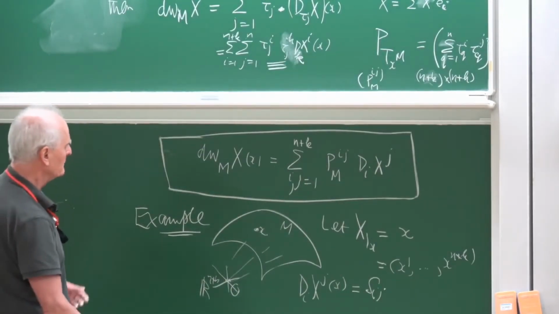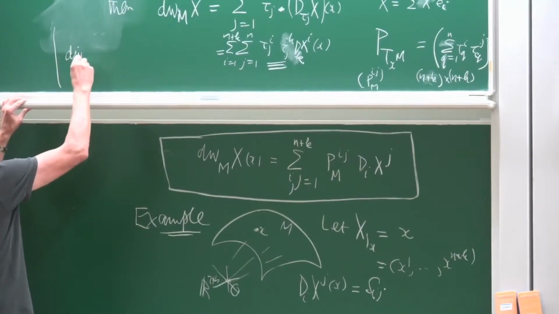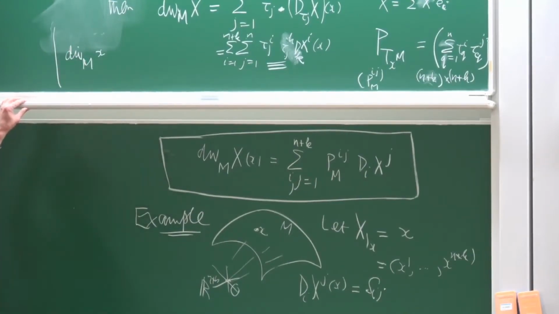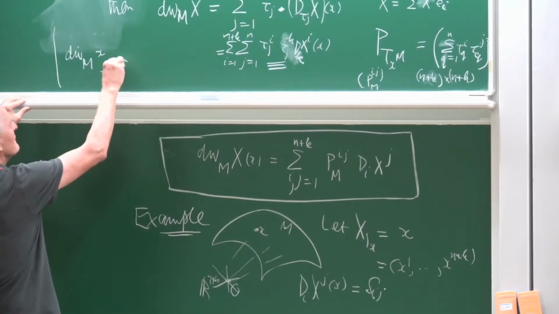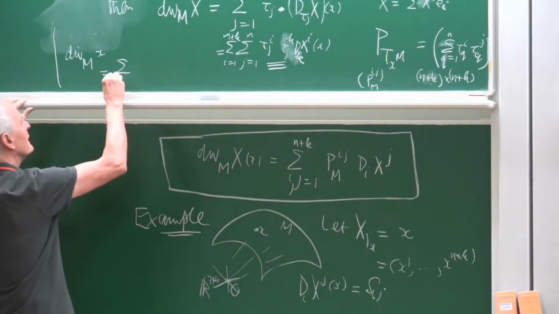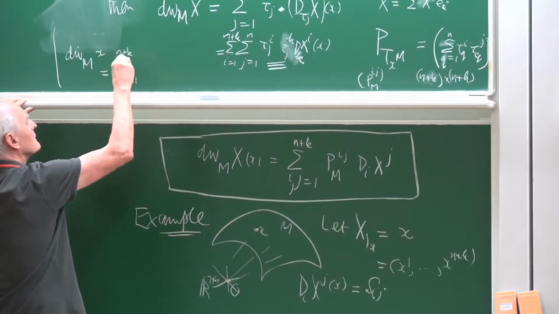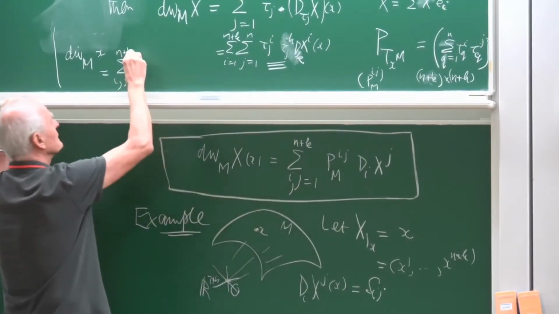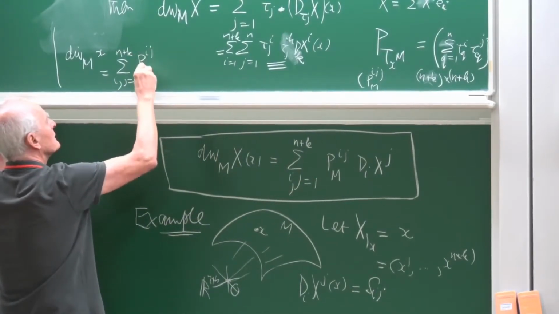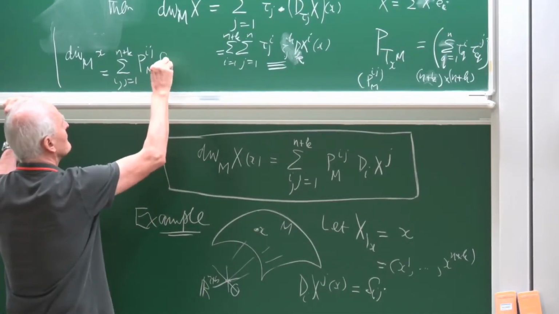So in this case, we get that div_M of X, the radial vector field, is equal to the sum over i, j equals 1 up to n+k of the orthogonal projection matrix P^M_ij times Kronecker delta ij.